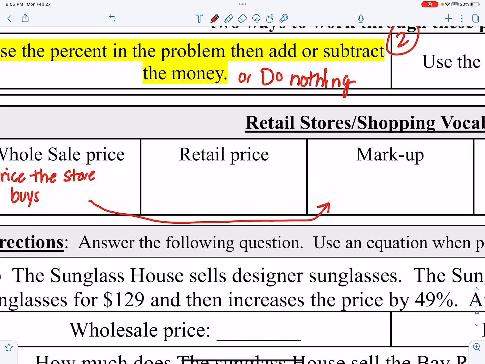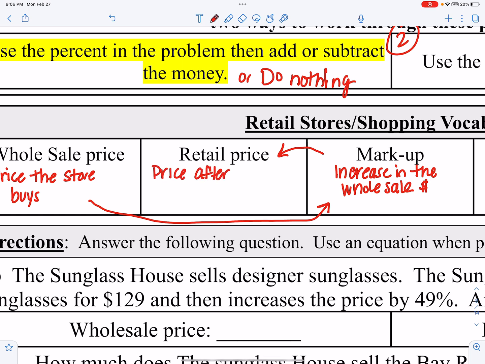Next, what happens is a markup, and a markup is an increase in the wholesale. Okay, so after Walmart or whoever else buys the item at wholesale price, then they mark it up and increase that price. And then they sell it to you for the retail price.